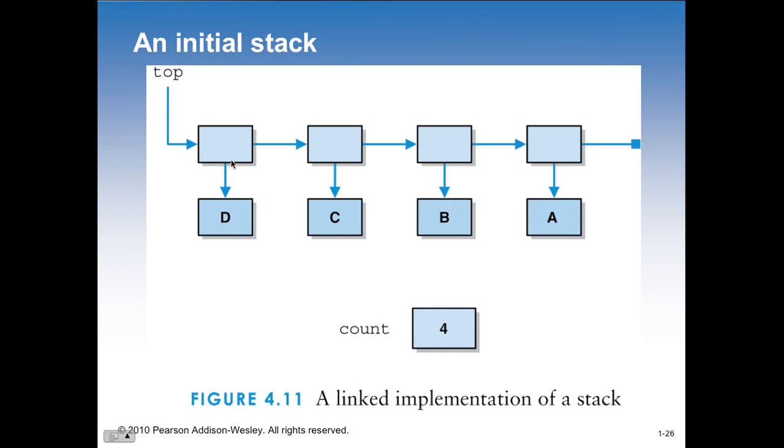Each one of the nodes could actually keep track of our count for us, which is a pretty common thing, because each node knows about the next node, about the next node, about the next node. As we're pushing items onto the stack, we can be incrementing a counter that's shared by all nodes. And as we pop things off, we decrement the counter. So at any one moment of time, we can come out with the count quite easily.